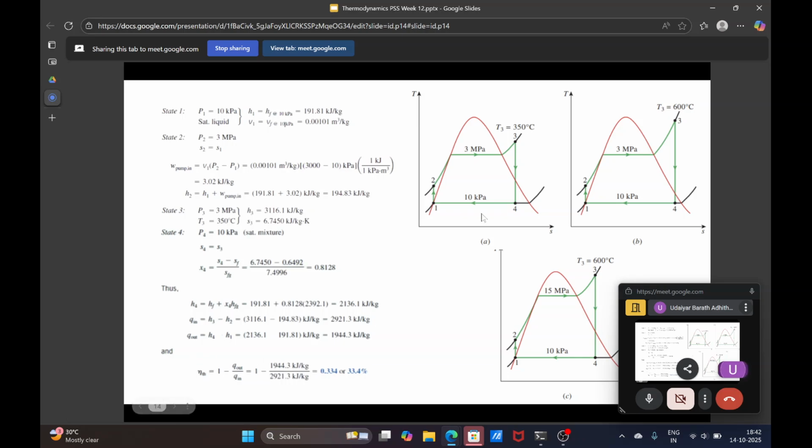So the thermal efficiency for the cycle is W net by Q in, or we can write 1 minus Q out by Q in, because for a cycle the net work equals the net Q. The thermal efficiency for this simple cycle turns out to be 33.4%.